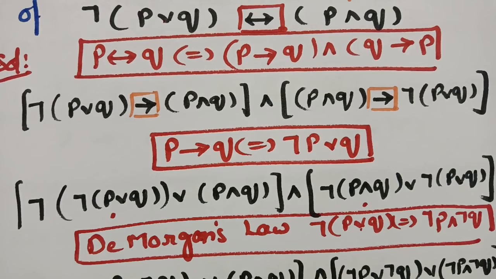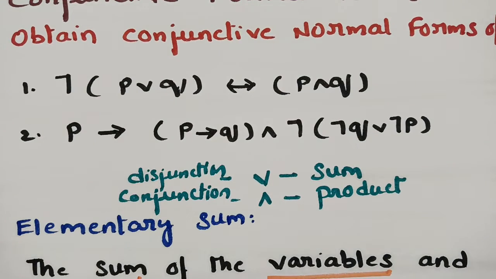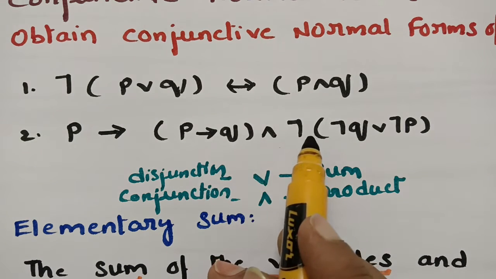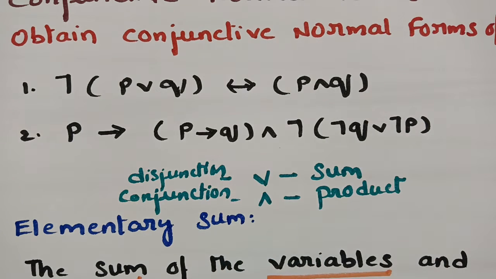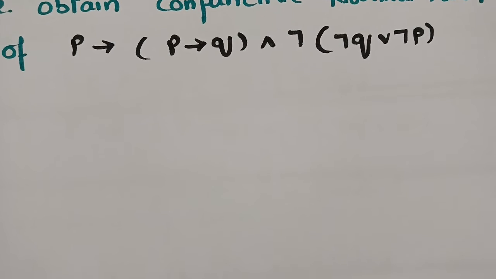So this is the first solution I have given, and the second question here is P implies Q and negation of negation Q or negation P. If you watch this one, the procedure is also very simple.